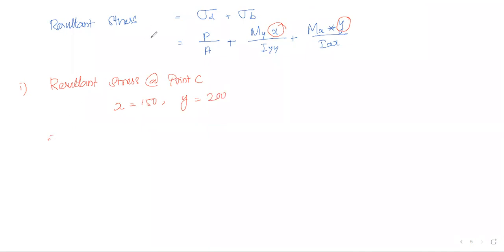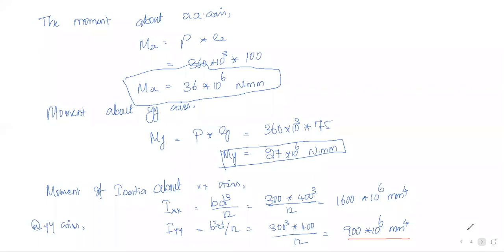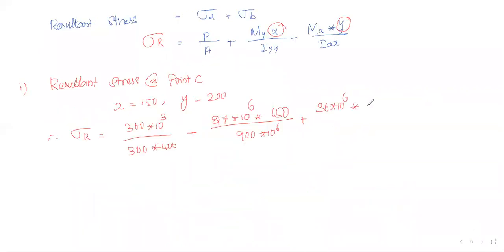Therefore resultant stress sigma r is equal to P by A, 360 into 10 cube divided by area, 300 into 400, plus My, which we calculated as 27 into 10 to the power 6, into x value 150 divided by Iyy, which is 900 into 10 to the power 6, plus Mx, which is 36 into 10 to the power 6, into y value 200, divided by Ixx, 1600 into 10 to the power 6.